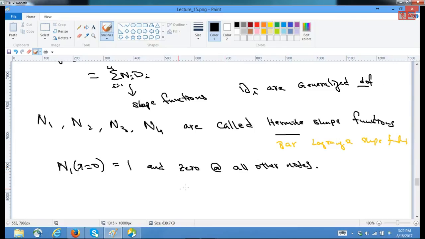Similarly, dn2 by dx at x equals 0 is equal to 1, and 0 at all other nodes.